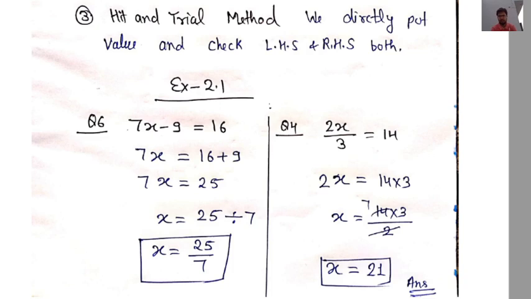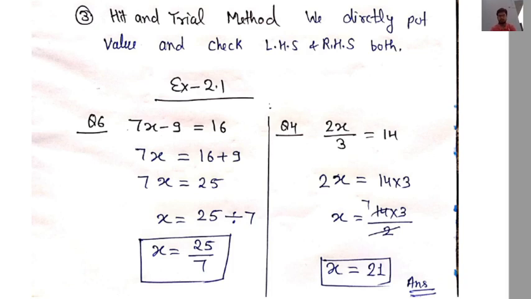This 2 is written here with no sign, so it is multiply. This 2 you take to this side, and the multiply sign changes to division. So 14 into 3 divided by 2. This 2 comes in division, so you write it in the denominator.